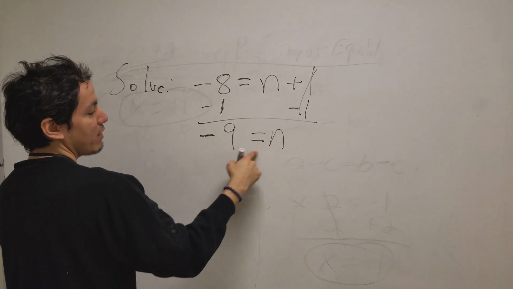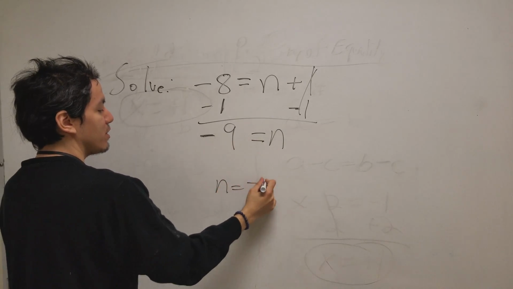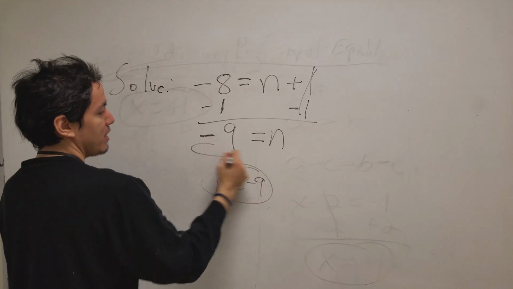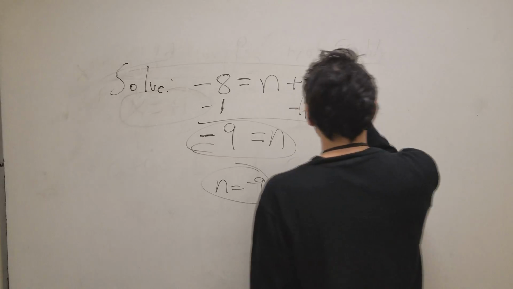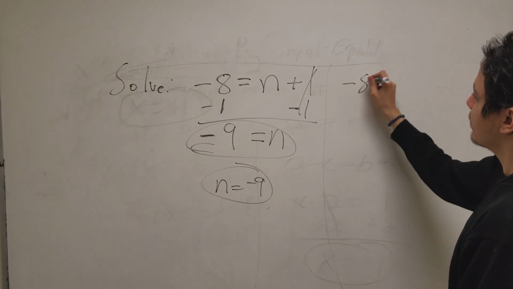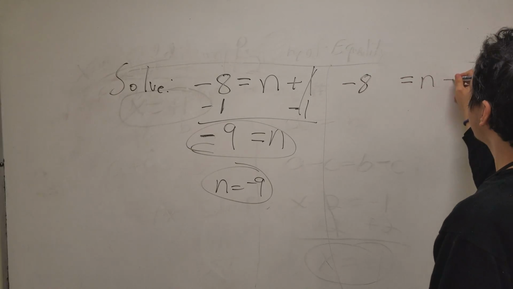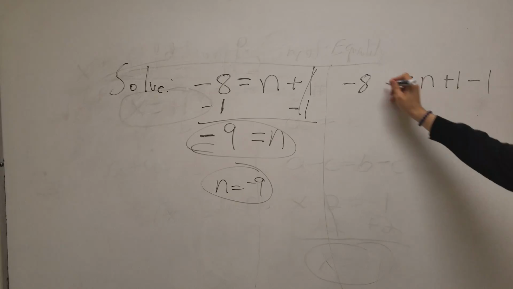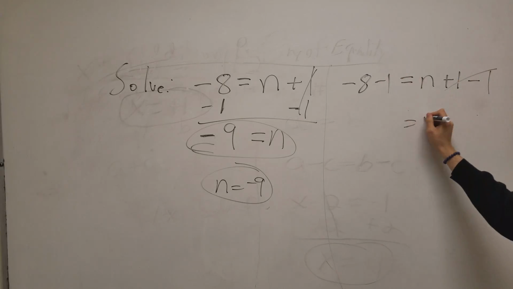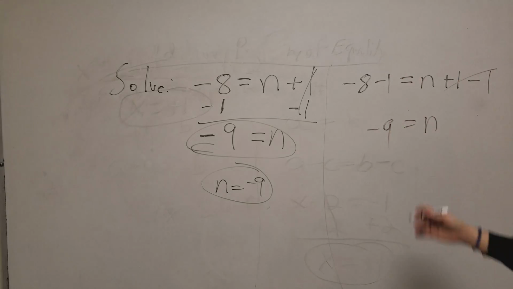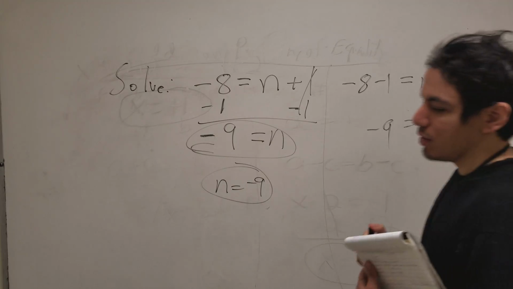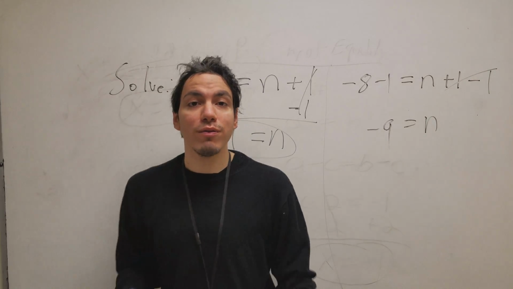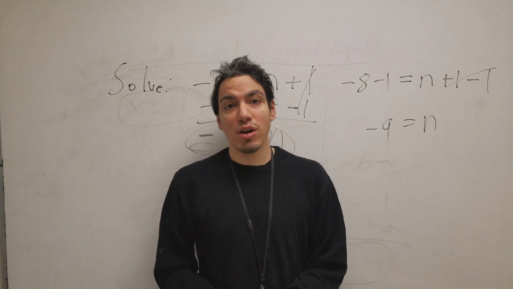So you could write -9 equals n, or n equals -9, because either way it's the same thing. Order does not matter in this case. And if you were to do it horizontally, give myself some room. I minus 1, this drops. See? Same thing. Choose whichever way how you like to solve for whatever unknown variable that you need to solve.